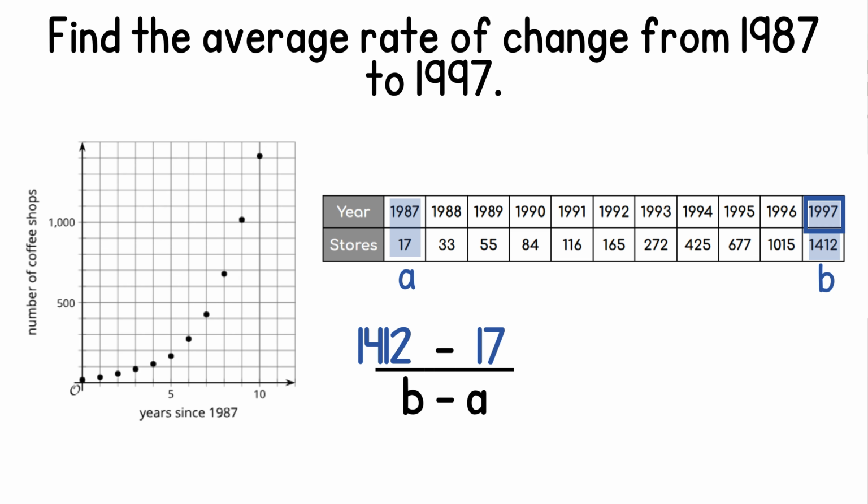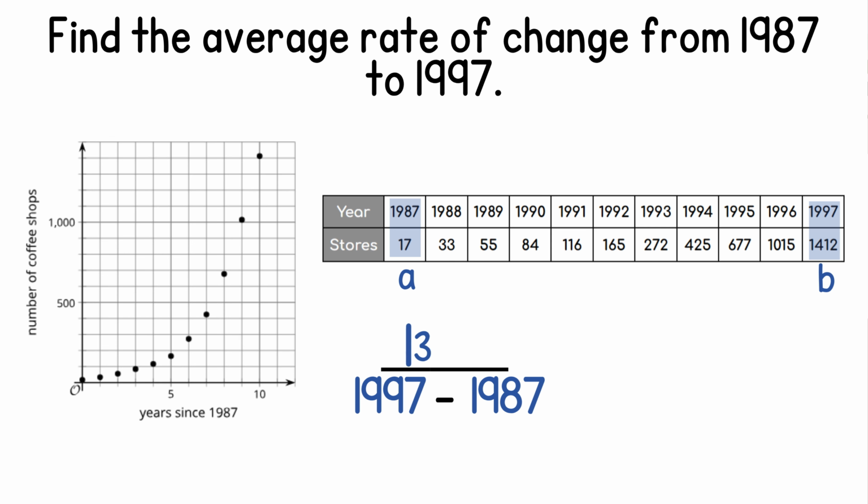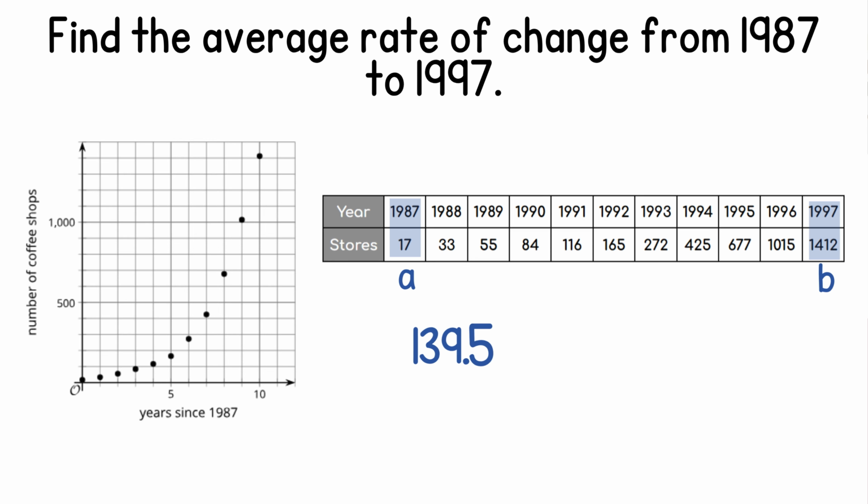The input of B is 1997, and the input of A is 1987. Now let's simplify our formula. Subtracting 1412 and 17 on top gives us a value of 1395, and subtracting the years on the bottom gives us a value of 10. So when we divide 1395 by 10, we get a rate of change of 139.5.